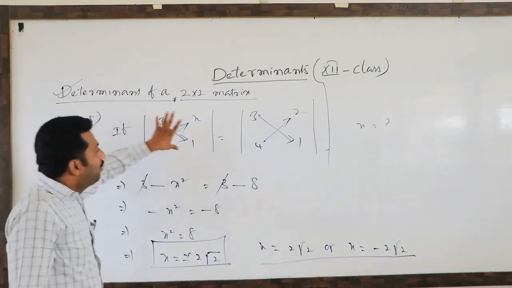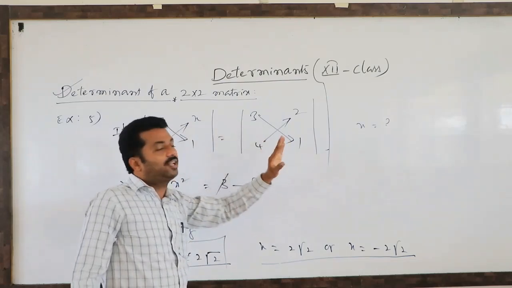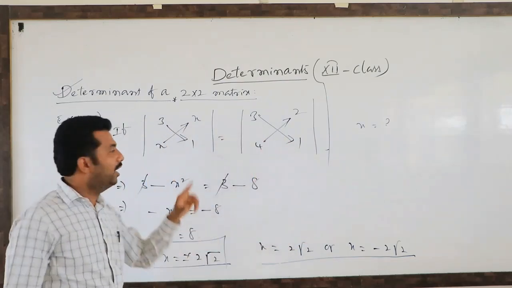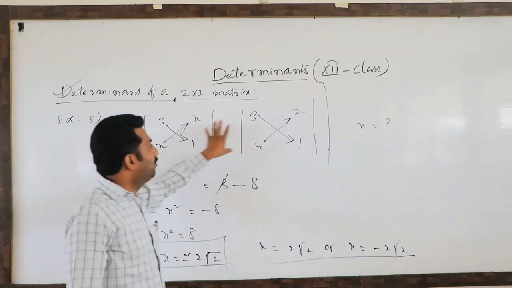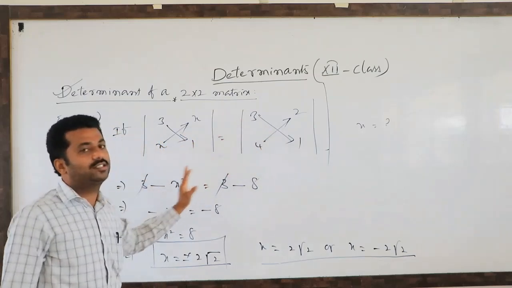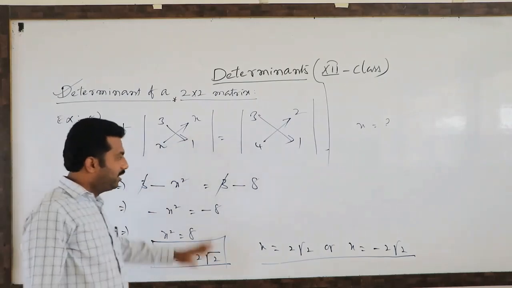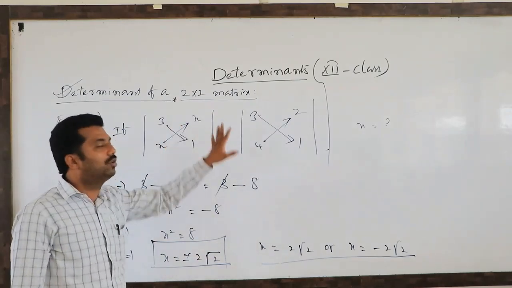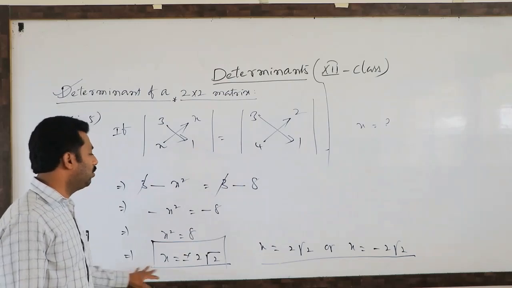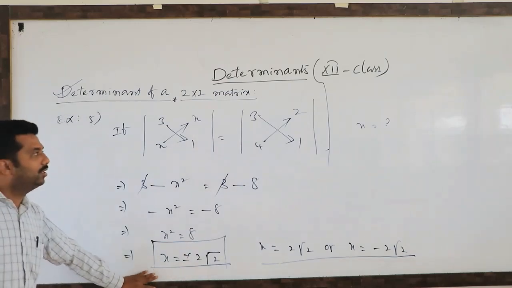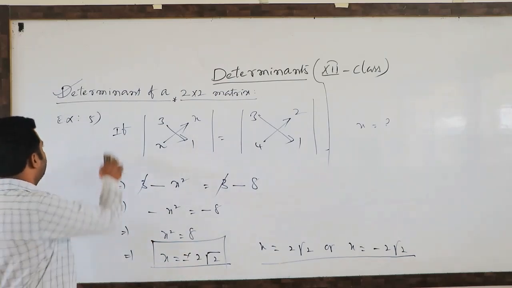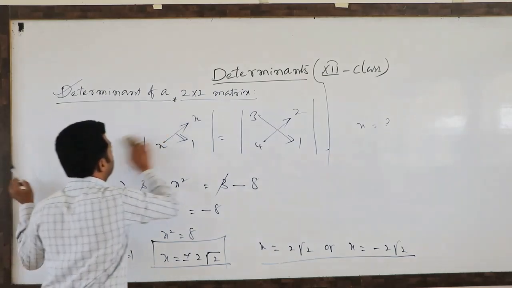Whenever two matrices are equal, corresponding elements are the same. But in determinants, when two determinants are equal, we should not equate corresponding elements like that. So this is the method: you have to expand the determinants on both sides. Then only you have to solve for the unknown number. Okay, like that you have to answer. Next.